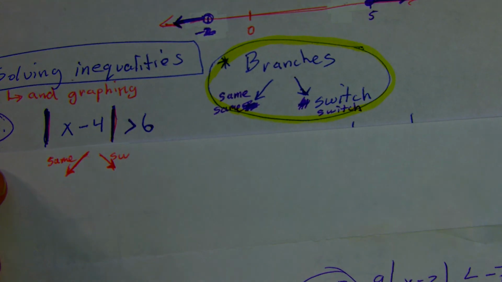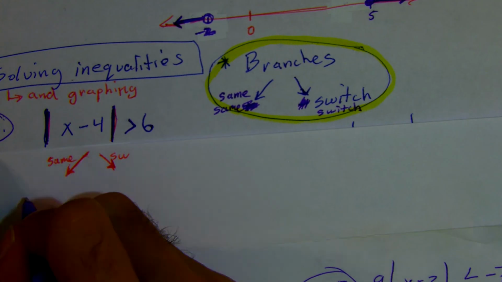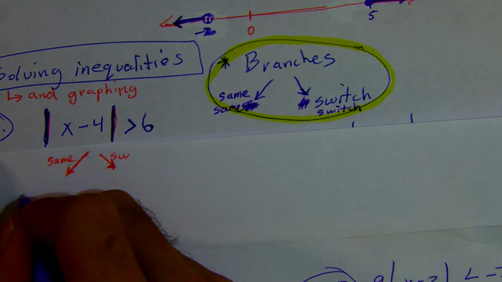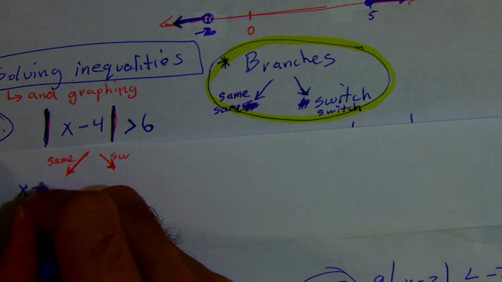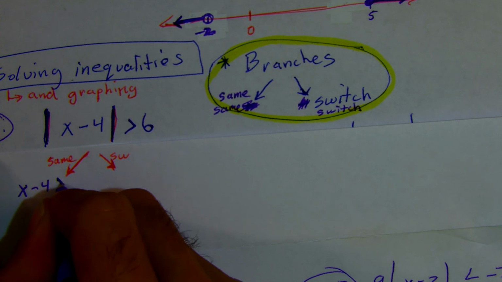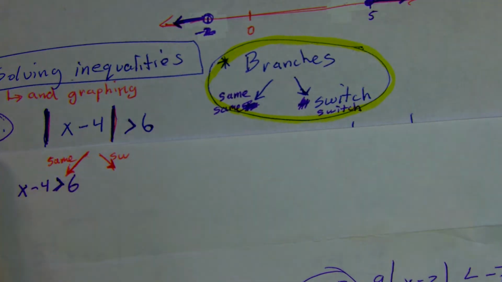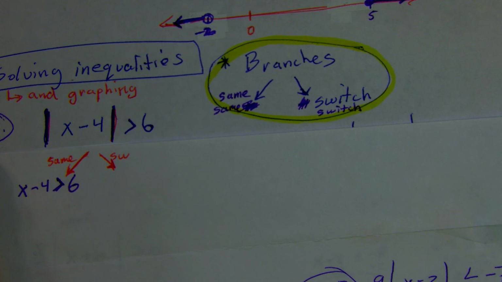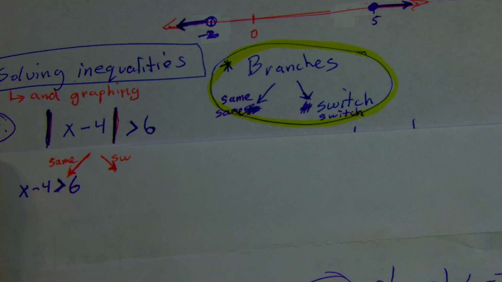Now watch how I'm going to do this. The left side is just going to be the same. There's no change to it. The only thing that I do is I drop the absolute values. You see? The same is nice. The same is just drop your inequalities. And when I say the same, you'll understand why I call it same in a second here.